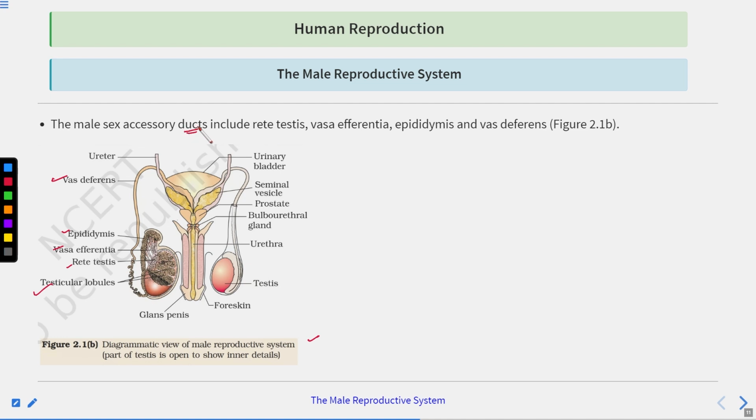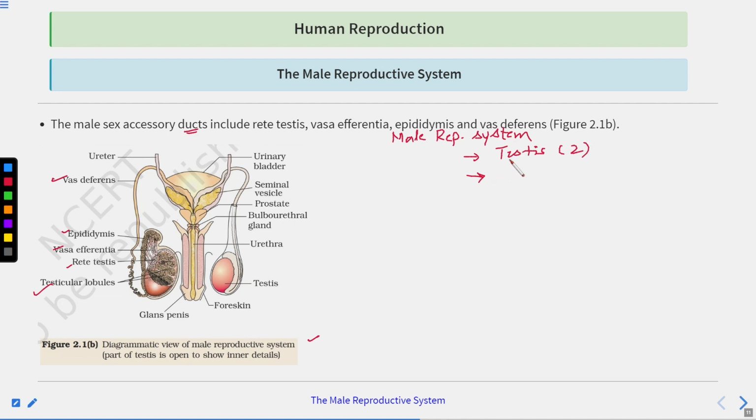Okay, so in the starting we were talking that the male reproductive system consists of what? It consists of the pair of the testes. So the male reproductive system consists of the testes, which are two.